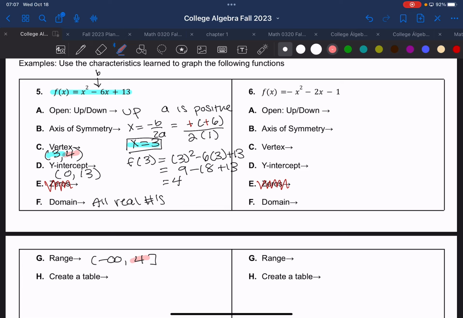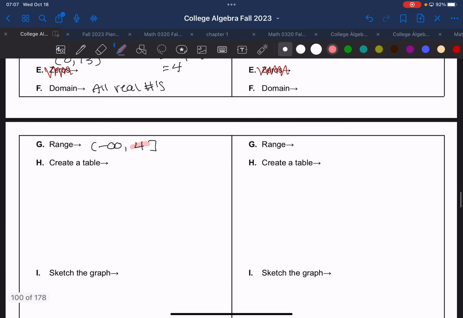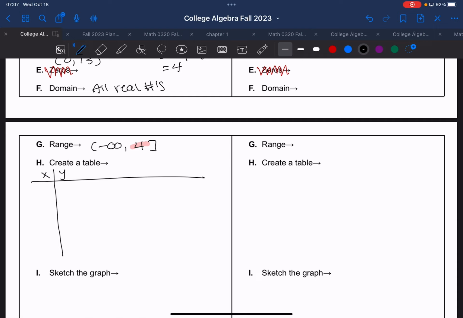So now that we have all this information, we're going to create a table so we can sketch our graph. x, y, okay. And I'm always going to plug in the same numbers here: -4, -2, 0, 2, 4.